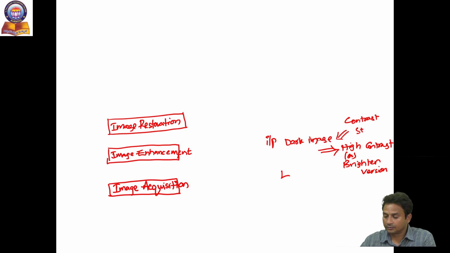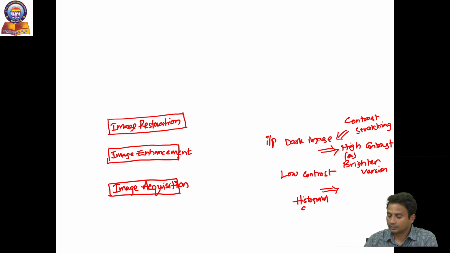Contrast stretching is one of the image enhancement techniques used to improve the appearance of the image, where the input is a dark image and the output is a high contrast image. Similarly, if the input image is a low contrast image, we apply an enhancement technique like histogram equalization and get a high contrast image.